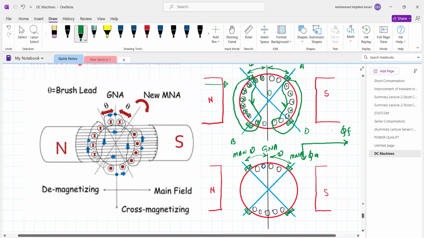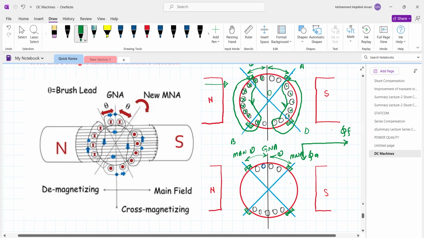Let this magnetic neutral axis and geometrical neutral axis coincide with each other; these conductors are under the influence of the north pole, whereas these conductors are under the influence of the south pole.